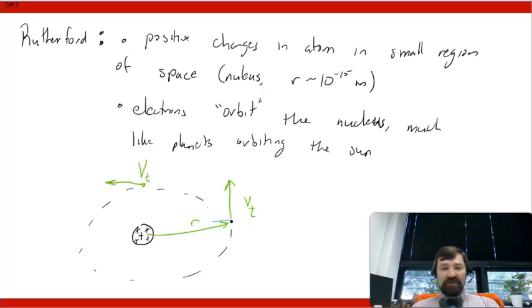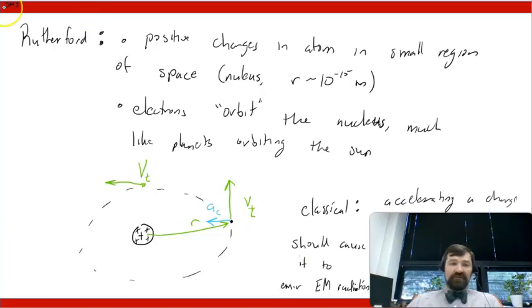So this basically means we would need to have centripetal acceleration, and classically, if you accelerate a charge, you get radiation. Emitting radiation everywhere, the result is that it should be losing energy. And to lose energy means to basically lose orbit.